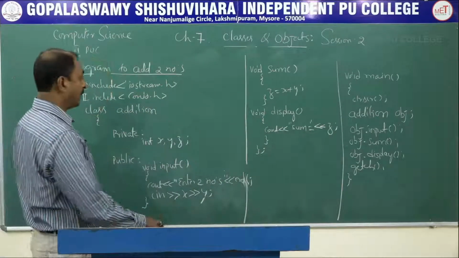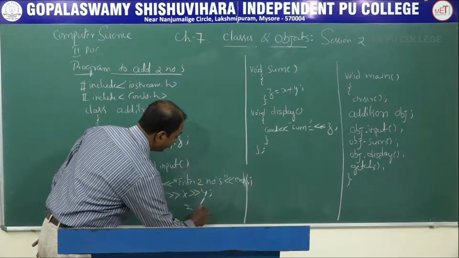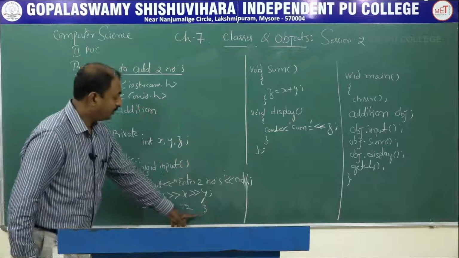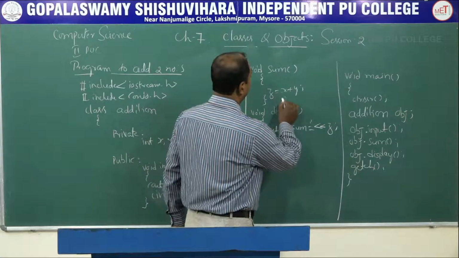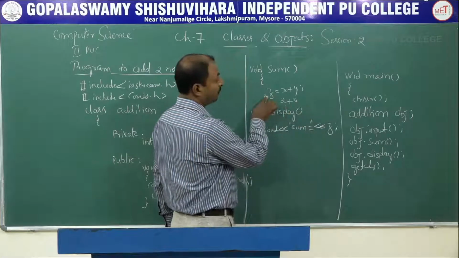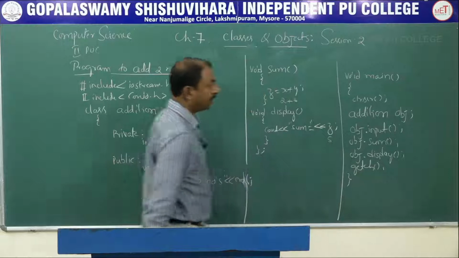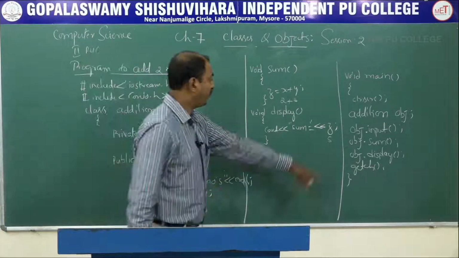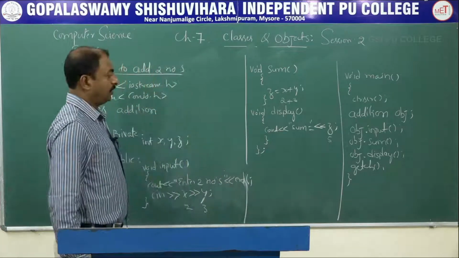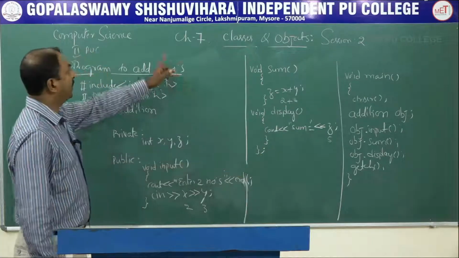So what is the output of this program? Suppose in the example we enter the values of x and y as 2 and 3. It accepts the values here, and inside it is going to add 2 plus 3. The result is 5, and it will be stored here. So when you print this, it is going to print the output as 5. So this is how to write a program with the help of classes and objects.